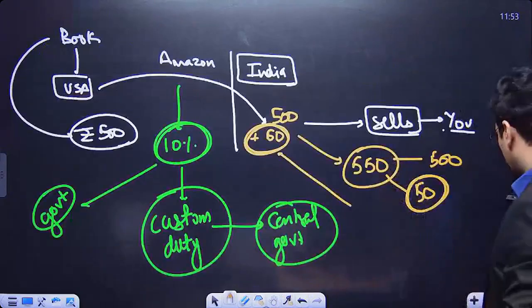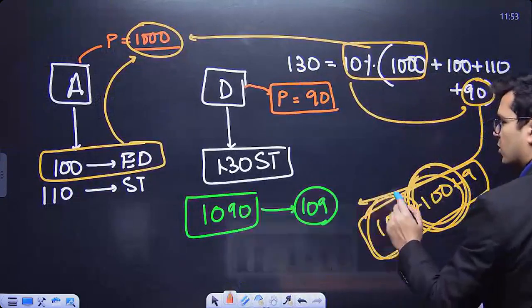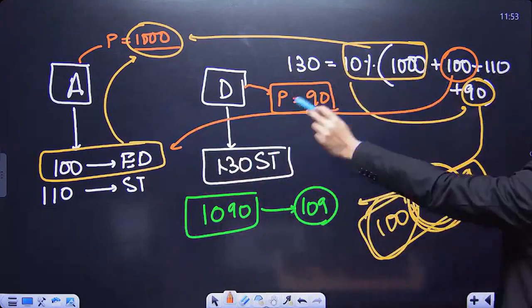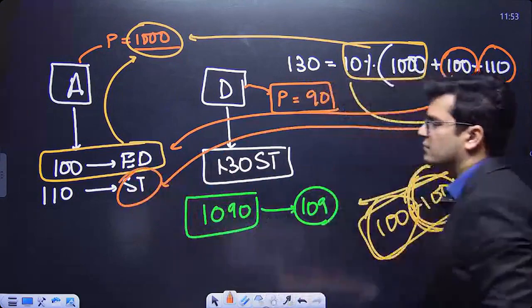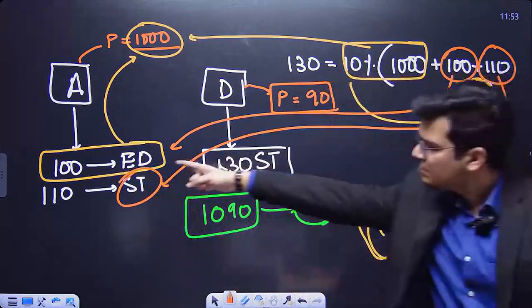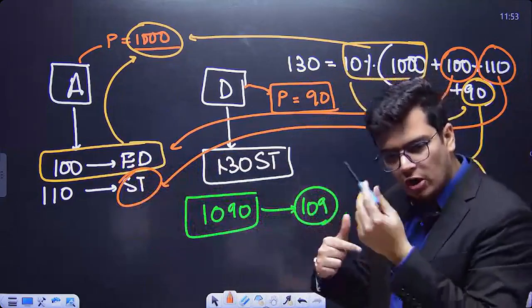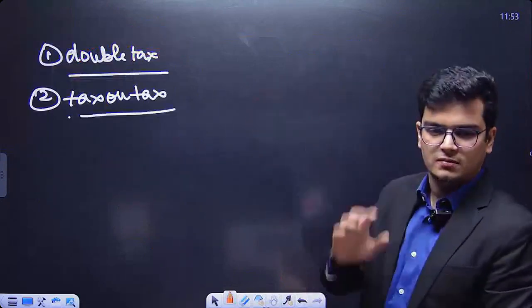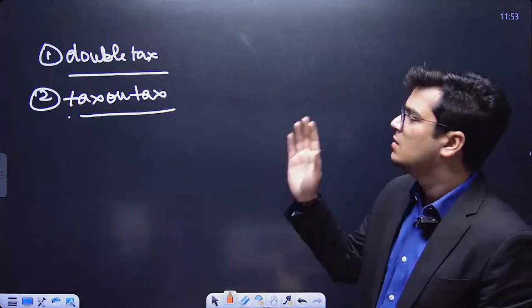When we are collecting 1300, we are also charging this 10% of 100. हम इसका भी 10% चार्ज कर रहे हैं. तो we are levying tax on tax and we are levying something called double taxation.